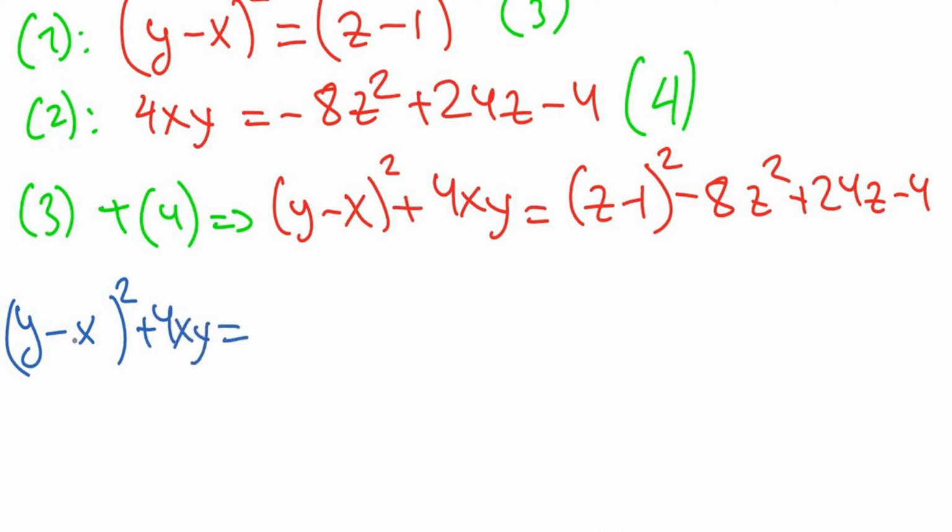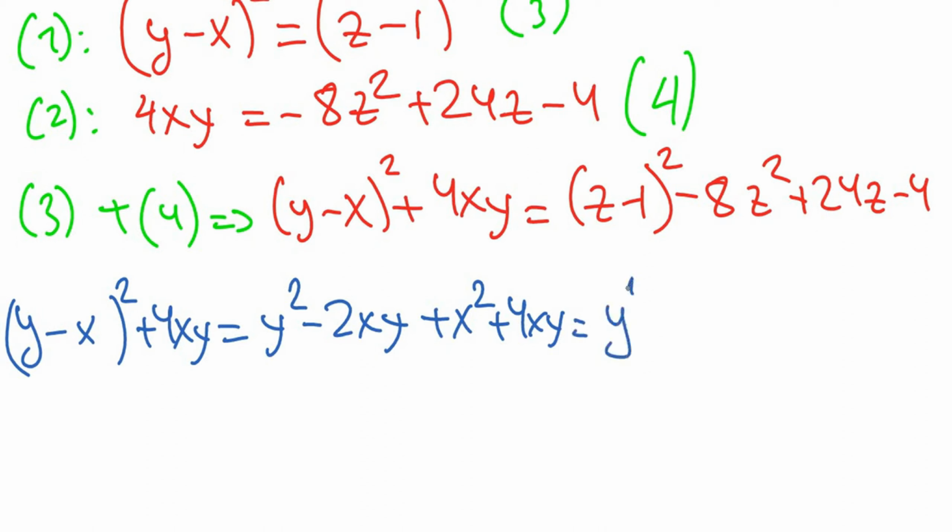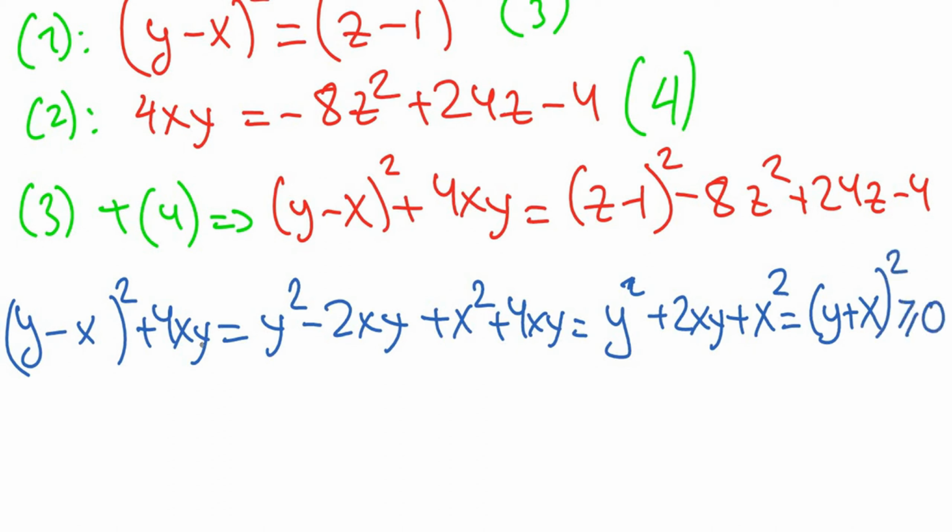Now if I expand the first expression, then I will get y squared minus 2xy plus x squared plus 4xy, which is equivalent to y squared plus 2xy plus x squared, which is equal to y plus x to the power of 2, and which is always greater or equal than 0, which means that y minus x to the power of 2 plus 4xy is always greater or equal than 0.